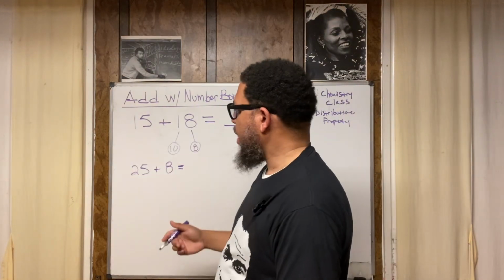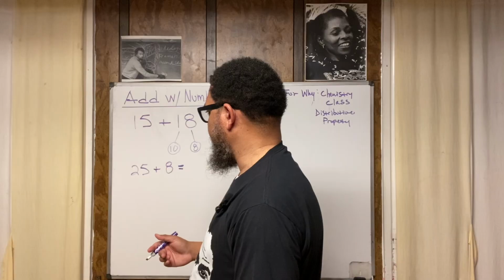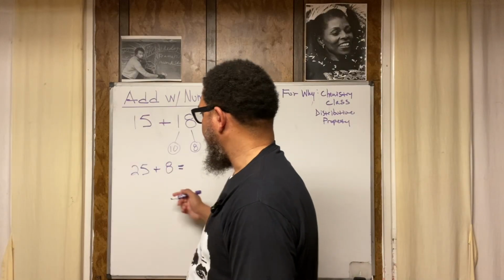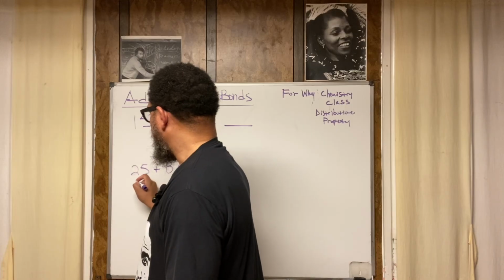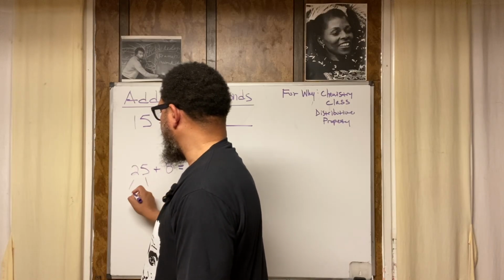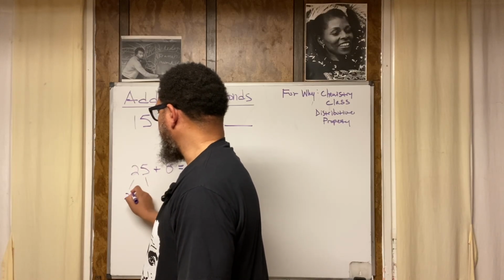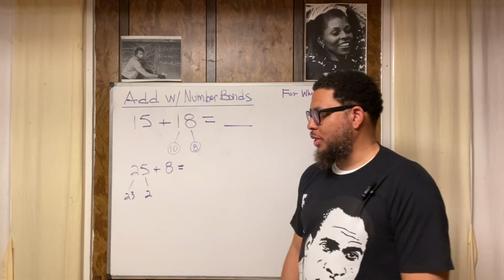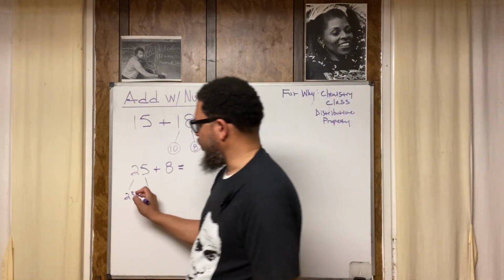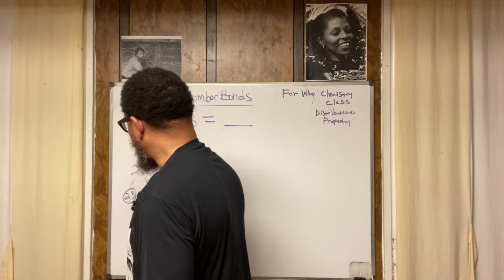Or I could do another number bond. I could do another number bond by doing this. Break this down into 23 and 2. Now, why would I break that down into 23 and 2? I do know that 23 plus 2 is 25, right?